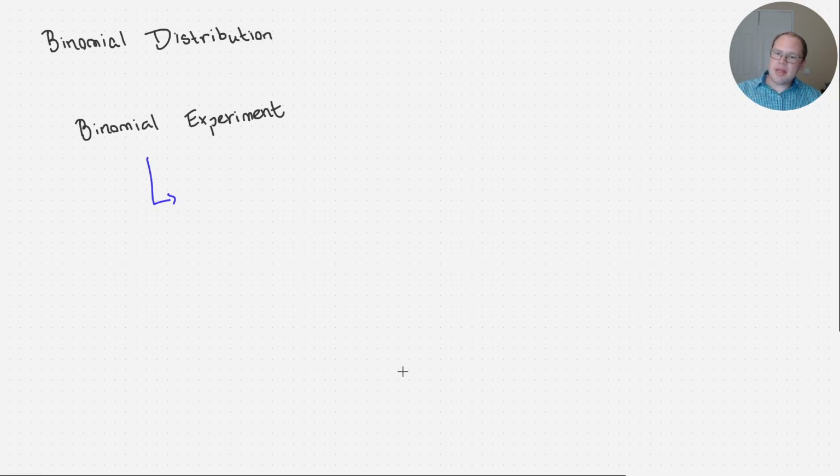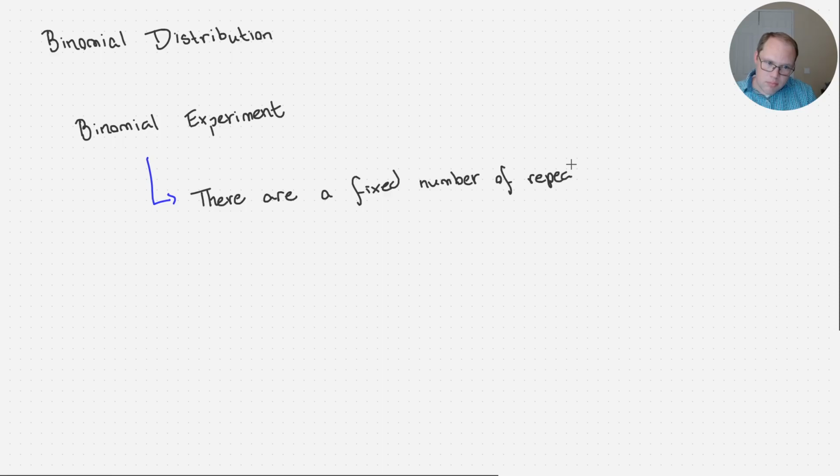Now, there are three things that are crucial for running a binomial experiment. One, you run a certain fixed number of trials. There are a fixed number of repeated trials. And we usually notate this with the letter n, the number of trials n. So for example, say we roll the dice.